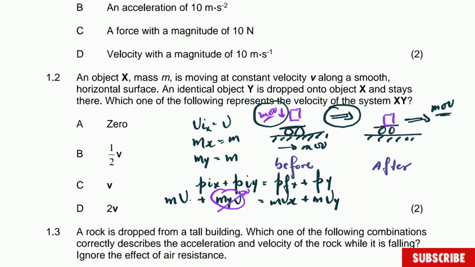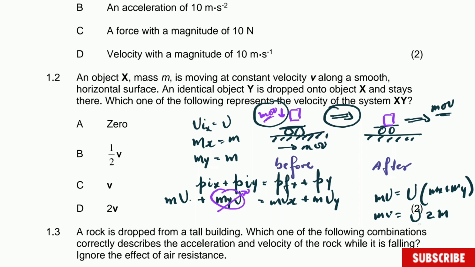So now how do we calculate what we have at the end? We have mv equal to v, because they're moving together, multiplied by the bracket mx plus my, which is the same. So we have mv equal to v multiplied by 2m.